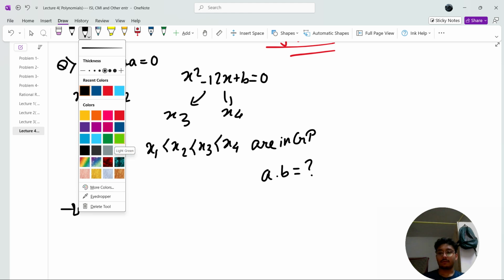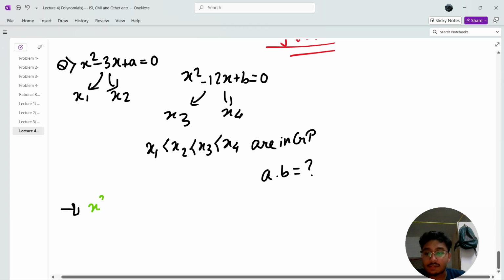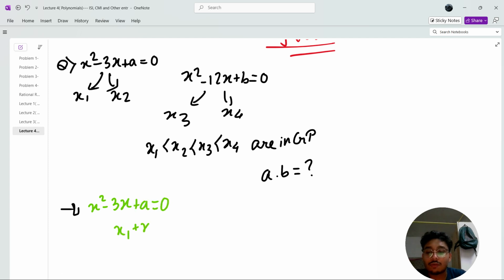So let's solve it with light green. My first equation is x square minus 3x plus a equals 0. I have my roots to be x1 and x2. So x1 plus x2 is 3. x1 x2 is c by a, as I made you understand in the Vieta's relations lecture.